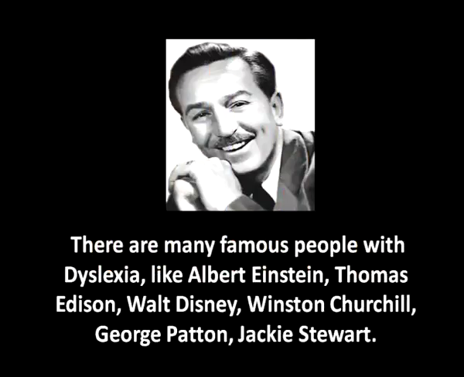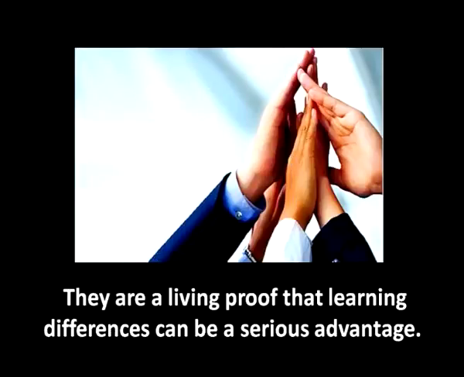There are many famous people with dyslexia like Albert Einstein, Thomas Edison, Walt Disney, Winston Churchill, George Patton, Jackie Stewart, etc. They are living proof that learning differences can be a serious advantage.